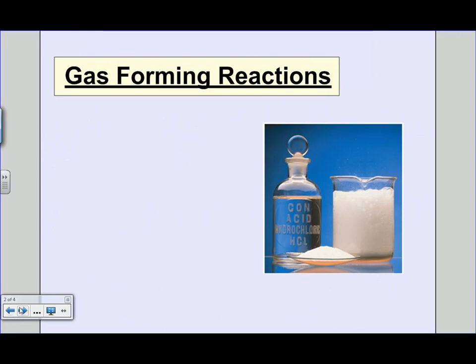Now sometimes we can have acid-base reactions that form gases as our products also.